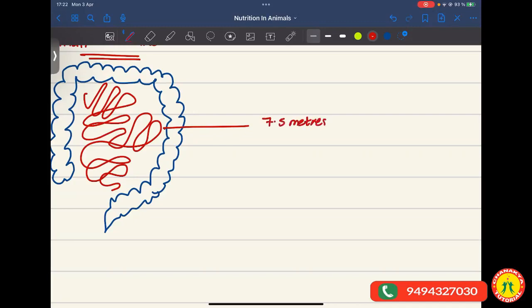And imagine how big it is. It's bigger than your height, bigger than how tall you are. It's very, very long. All this is completely coiled into a small portion inside your body, that is the small intestine. So what is the small intestine's function?